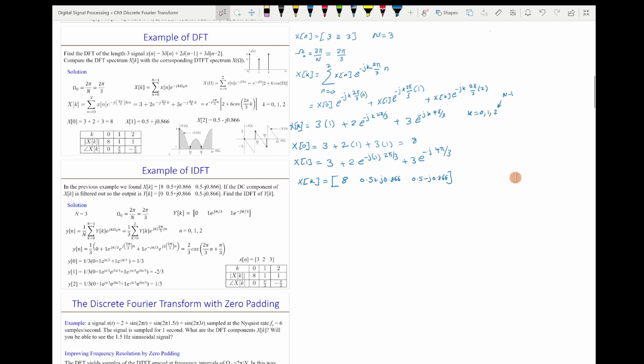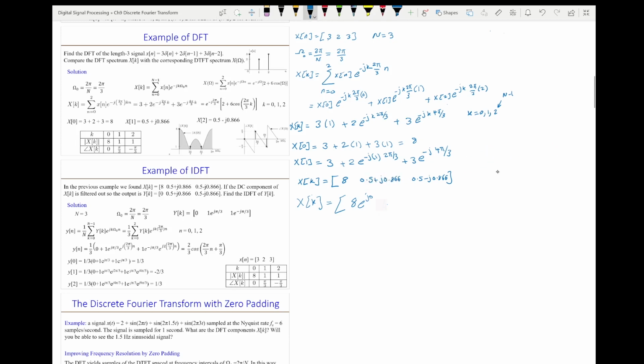So now, if I want to express these instead of rectangular form in polar form, then that would be 8. That's the magnitude. The phase is 0. So I'm going to say e^(j0). Take the magnitude and the angle.